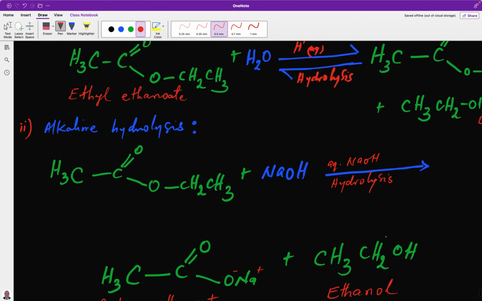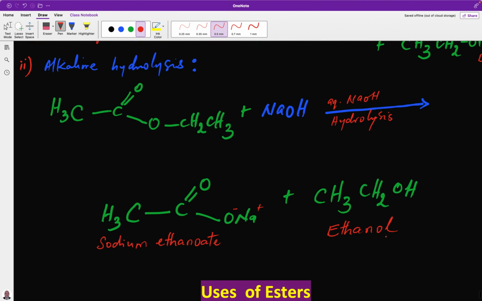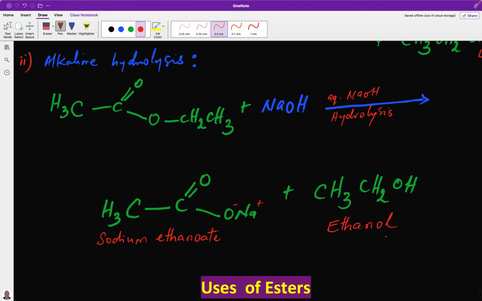But if the hydrolysis was carried out under alkaline condition, using aqueous sodium hydroxide, there is no reversible reaction here. The result will be a sodium salt of the carboxylic acid, that is sodium ethanoate, and ethanol.